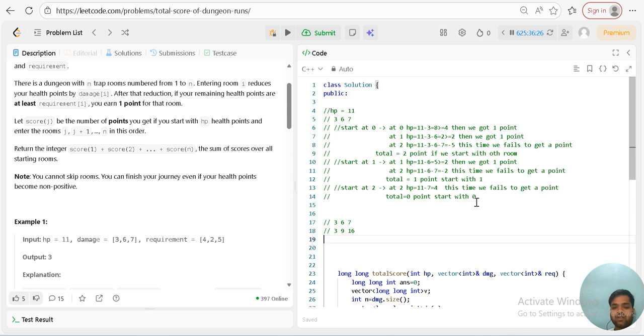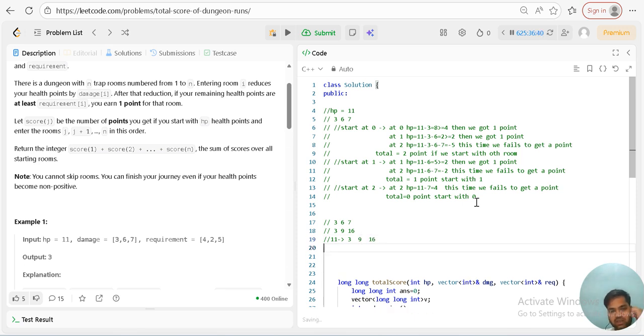So starting with 11, we keep going with 3, and then 9, and then 16. At that moment we find that 3, 9 and 16 are able to reduce 11.